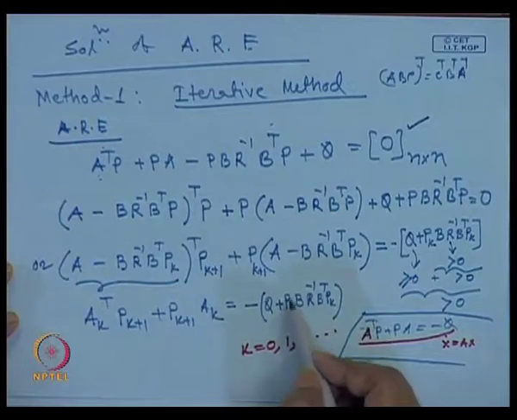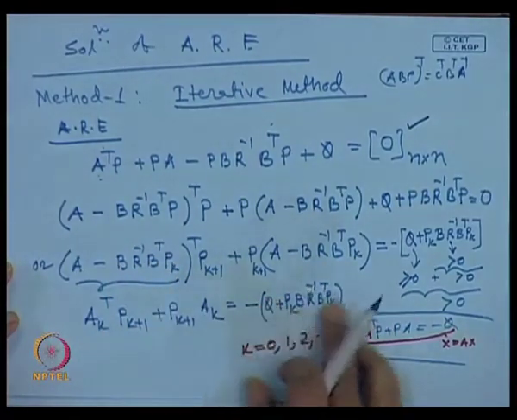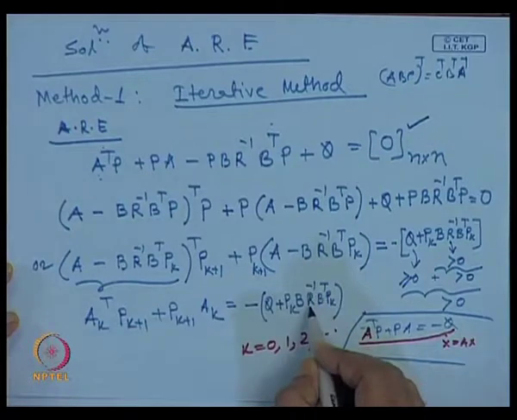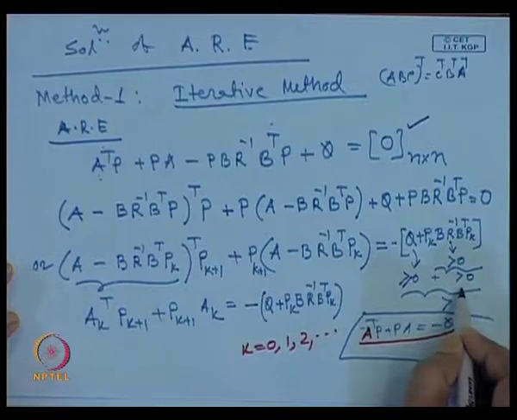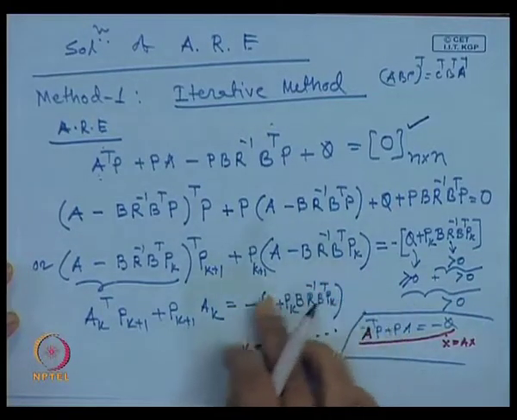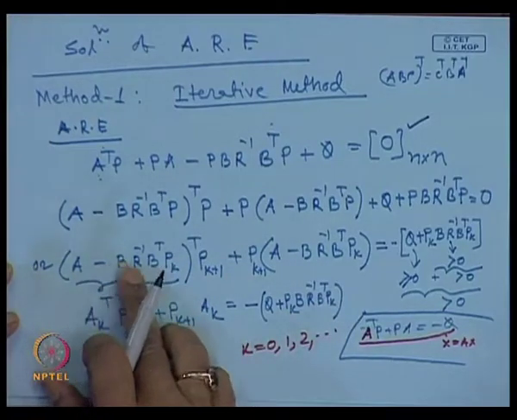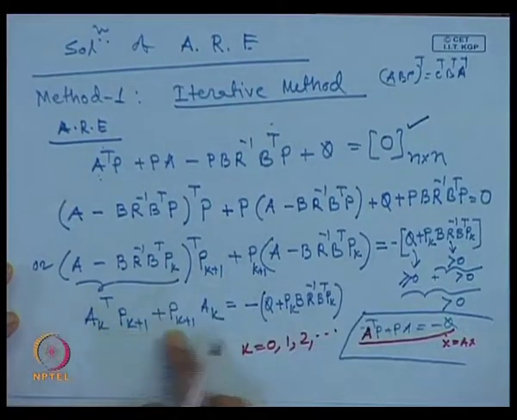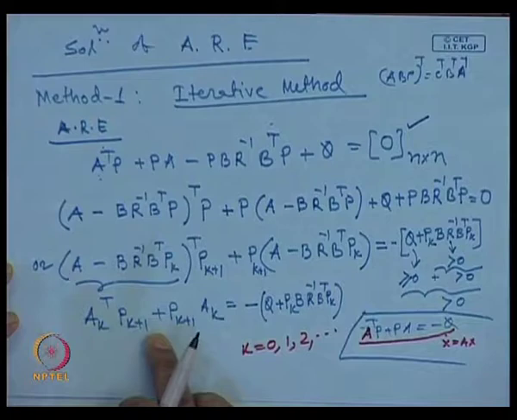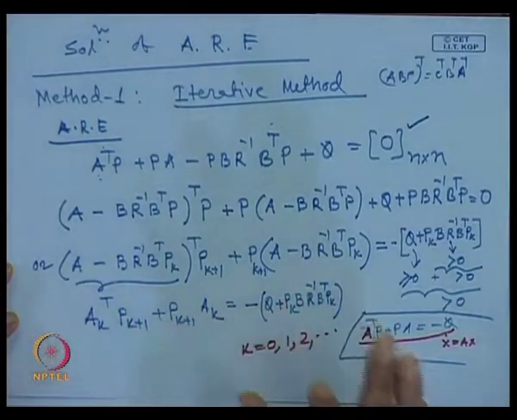I know P of 0 I have assigned initially in such a way that A minus B R inverse B transpose P k is stable. Since Q is a positive semi definite matrix, the result will be a positive definite matrix, and if the resultant is positive definite, we know that A minus B R inverse B transpose P k is the stable one. So, if you solve this, we will get P k plus 1, at the k plus 1th iteration, and the P value will be positive definite.